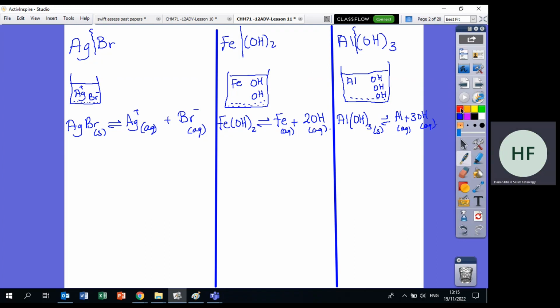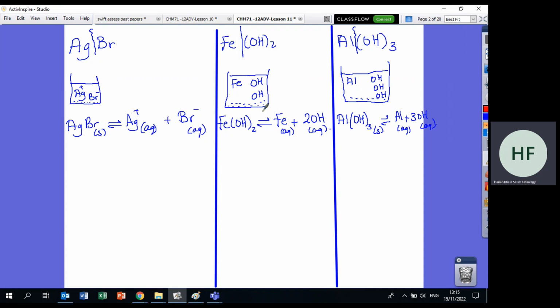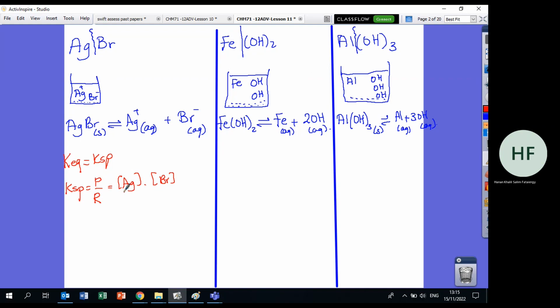Okay, since we have equilibrium, can we write Ksp, which is the same as Keq or Ksp for each one? Let's start with the first one. The first one, Ksp, is equal to products over reactants, which is Ag times Br over 1, or over nothing, because this is solid.